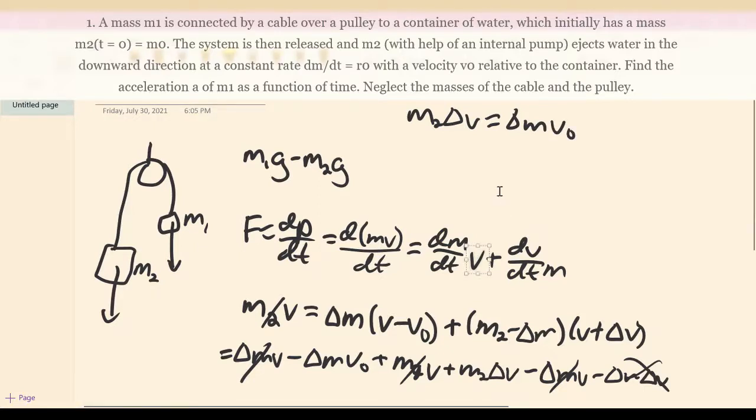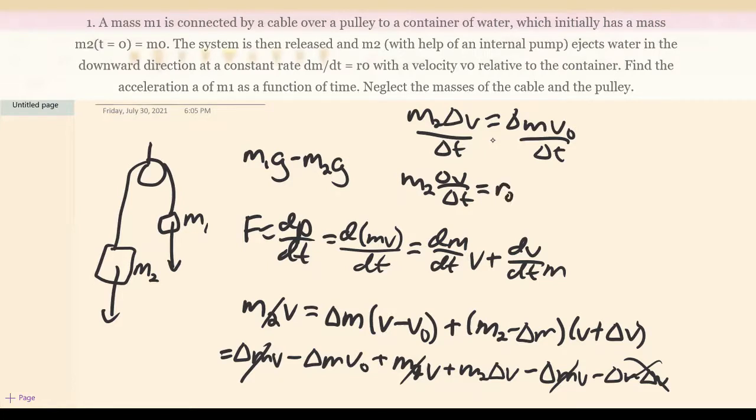Now if we divide both sides by delta t, we get that m2 times delta v over delta t is just equal to r0 times v0.